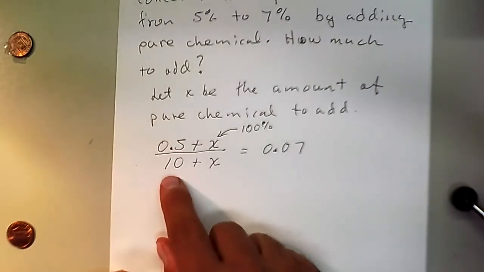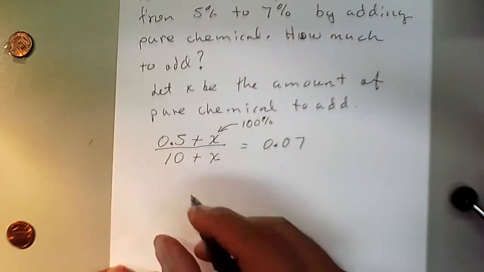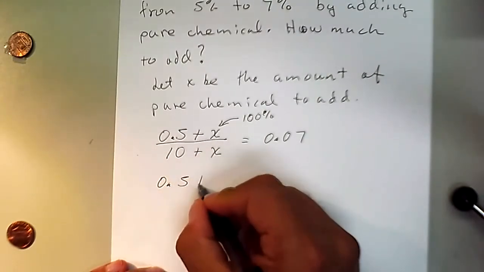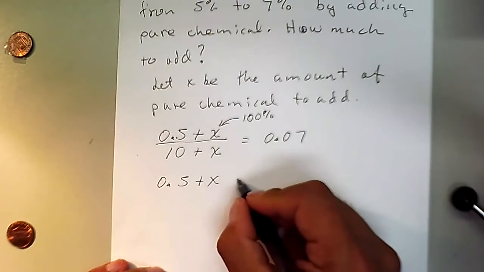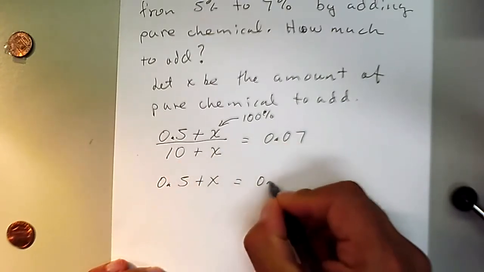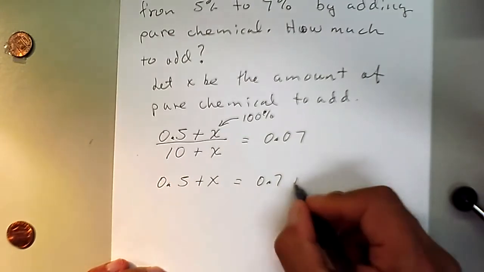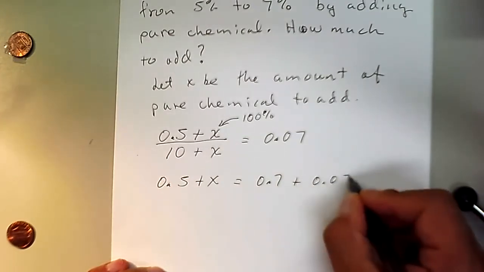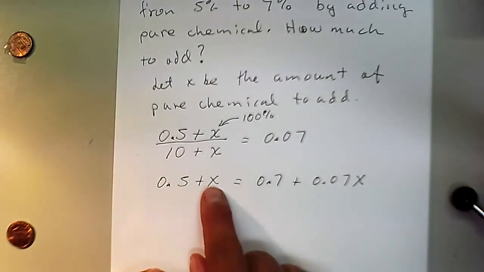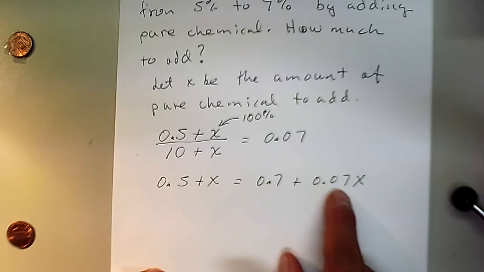All right, so let's multiply both sides. 0.5 plus x is equal to 10 times that, so that is 0.7 plus 0.07x. All right, so this is 1x, and this is a fraction of an x.